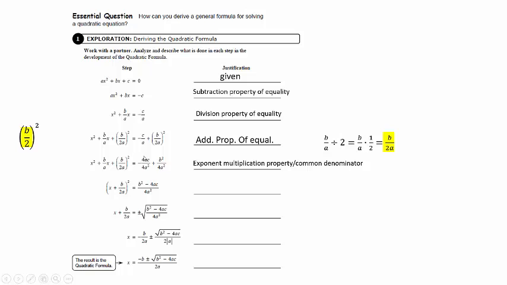So I see two justifications. They used an exponent multiplication property, which is when you distribute an exponent into a product or a quotient. And they also rewrote their fractions so that they could have common denominators.